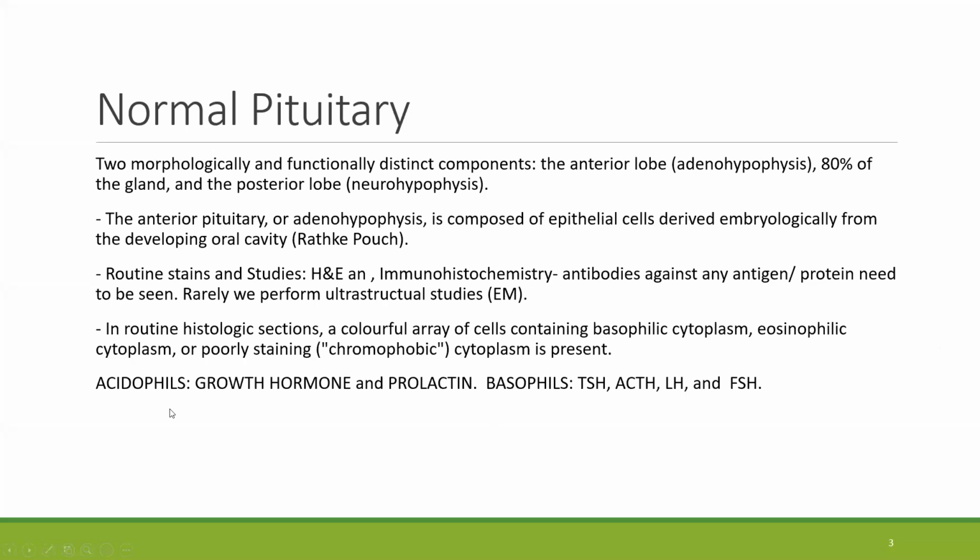The acidophils, the cells which stain pink, are usually the growth hormone and prolactin producing cells. The basophilic cells include the TSH, ACTH, LH, and FSH producing cells.